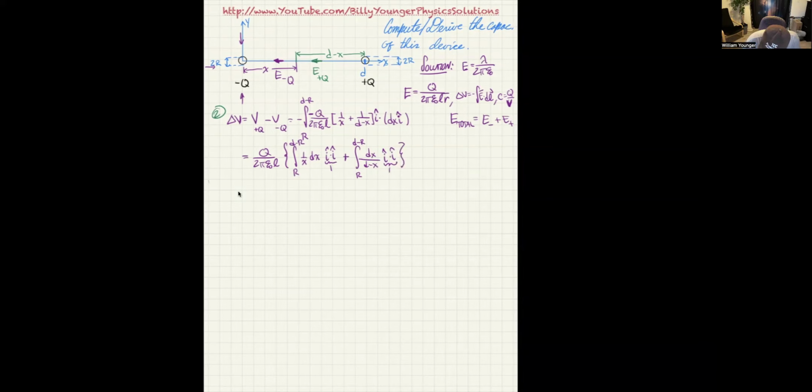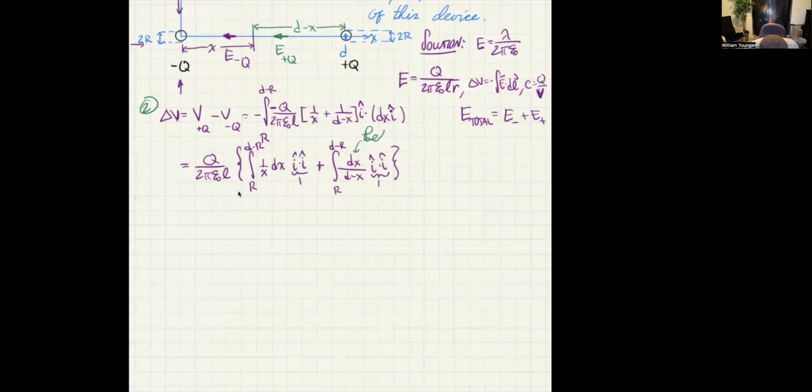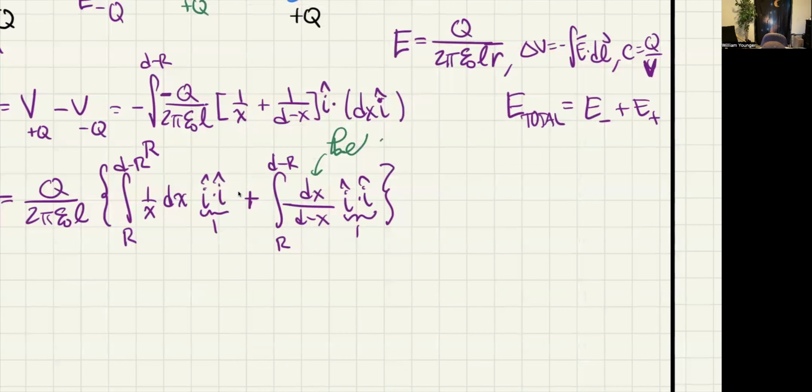Now, what I'm going to do for this one, actually, let's do this a little neater so y'all can see what I'm writing here. That was supposed to be an erase mark, but it did not erase. Okay, so I'm going to say let u equal d minus x, which implies du would equal negative dx.